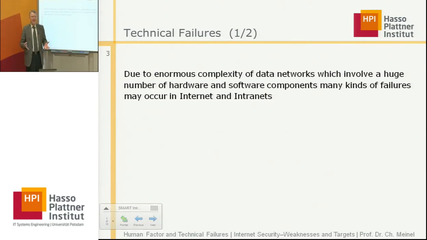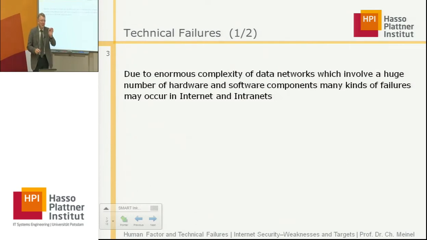The internet, the IT systems that are connected over the internet technology, they all form a really complex data network. And the more complex such an IT system is, the bigger is also the number of errors. Errors in hardware, errors in software.